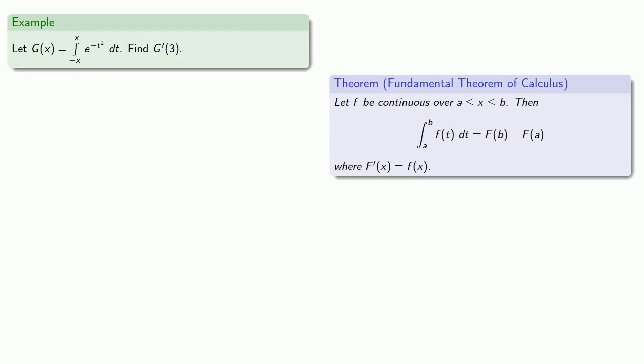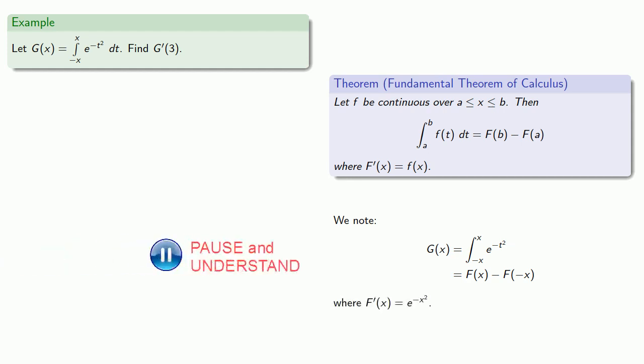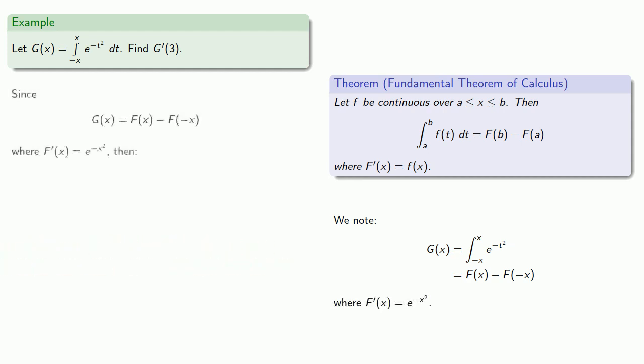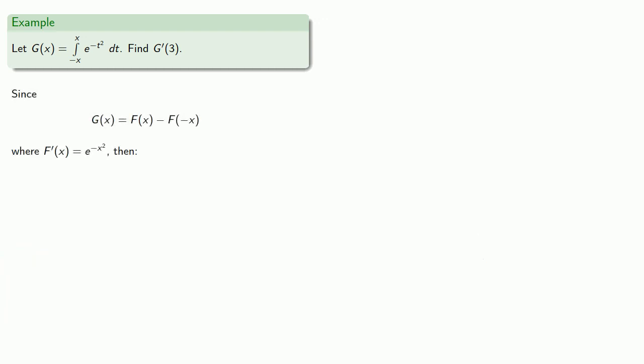Now, this version of the fundamental theorem of calculus is particularly useful because we don't always define our integral functions from 0 to x. So g of x might be defined as the integral from minus x to x of something. So again, g of x is going to be f of x minus f of negative x, where f prime of x is our integrand. And we differentiate.